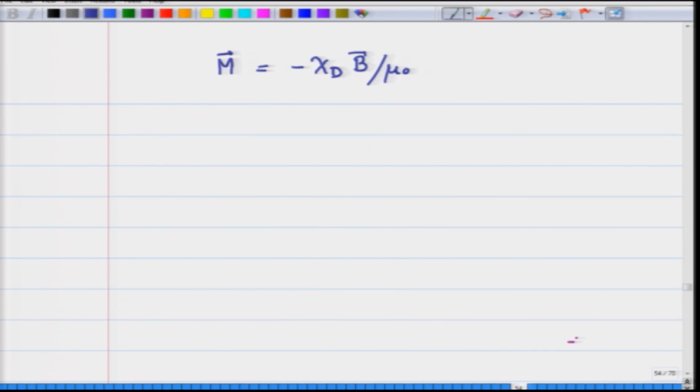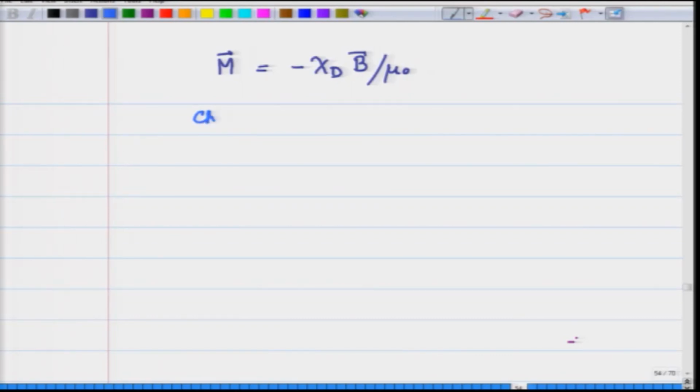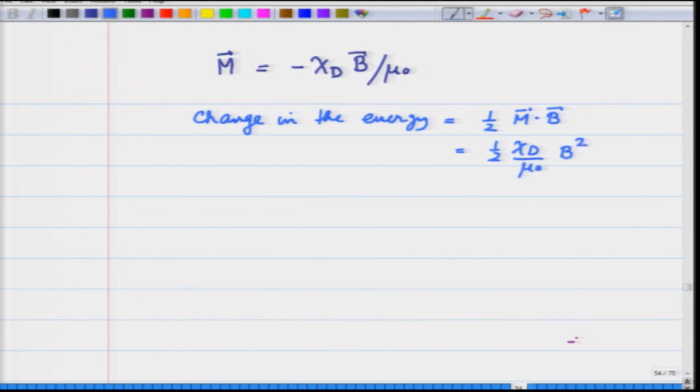So, paramagnet lowers the energy of the system and this raises the energy of the system, and the change in the energy is going to be equal to 1/2 m dot b, which is 1/2 chi d over mu 0 b square. So, if I calculate the energy up to order b square from this term that we have just seen, I can calculate chi d. So, let us see what this is.